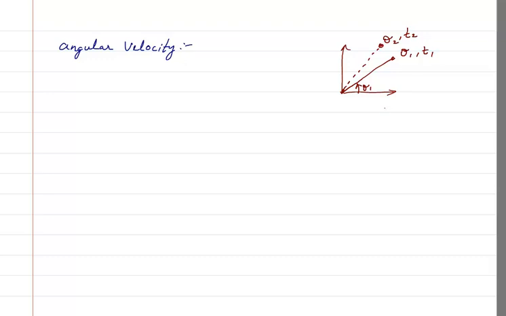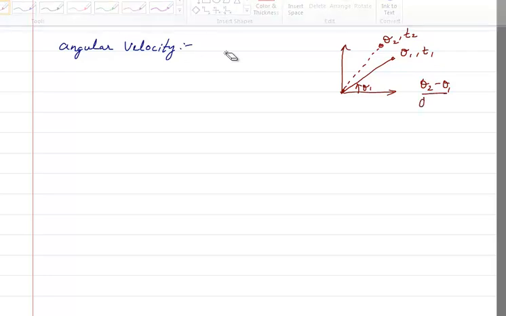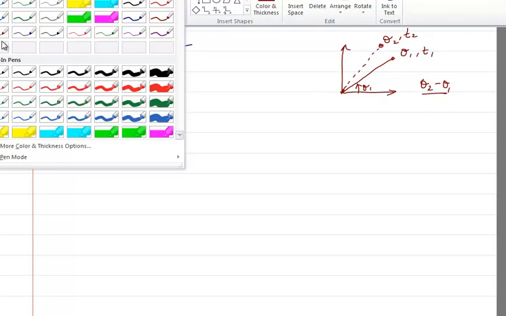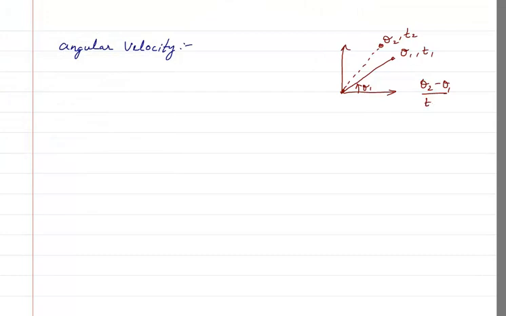So basically I can say that theta 2 minus theta 1 by the time difference, t2 minus t1, can be represented as d theta by dt.